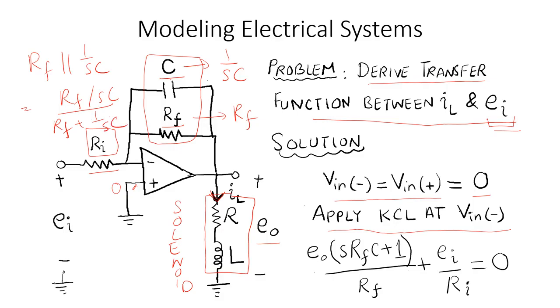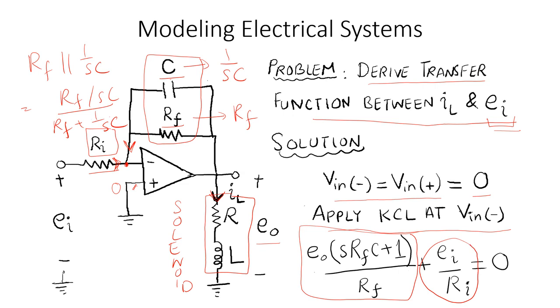This whole expression represents the current which is flowing downward over here, and this is the current which is entering this node, and the current which is entering from the other end, that is EI minus 0 over RI, is this part.